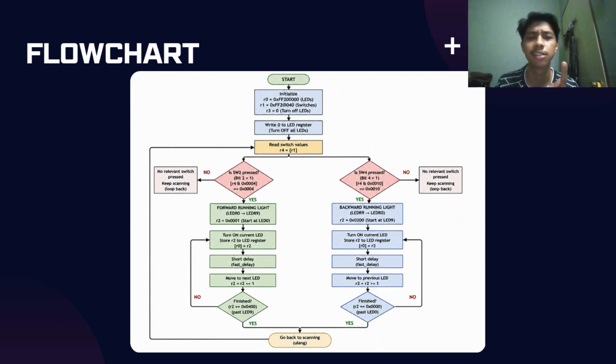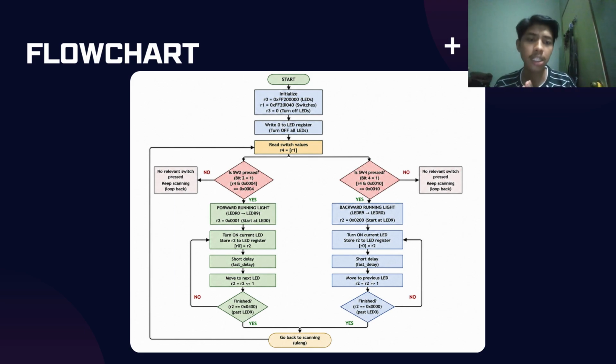First we go to SW2 pressed. Is SW2 pressed? If no, it goes to no relevant switch pressed. What does that mean? It will keep scanning whether you pressed or not. So if you press, it will automatically detect it.